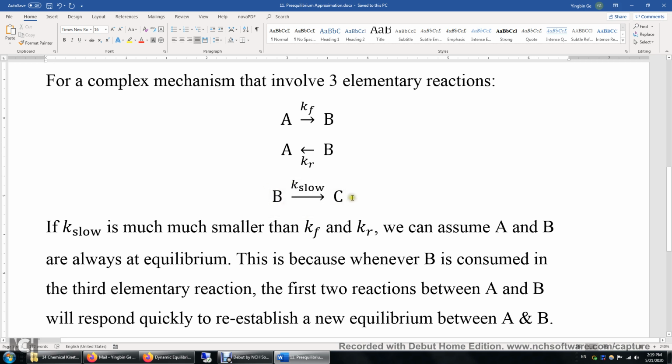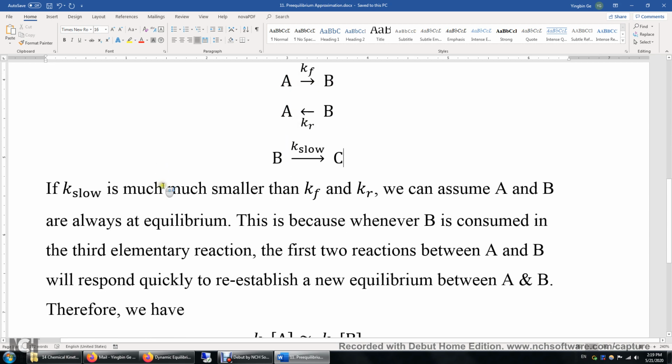So again, the third elementary reaction will consume B and produce C. But the consumption of B is so slow that it's going to be compensated really quickly by the fast reactions from A to B and B to A. So that's the reason. All right?